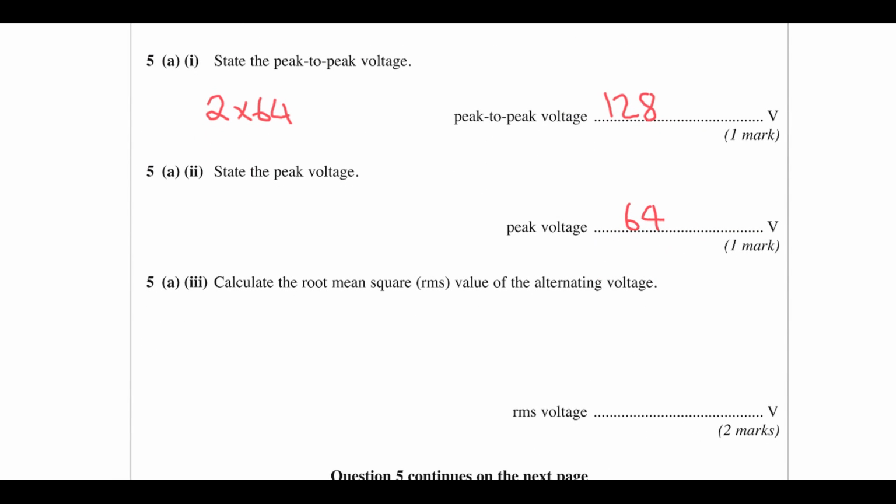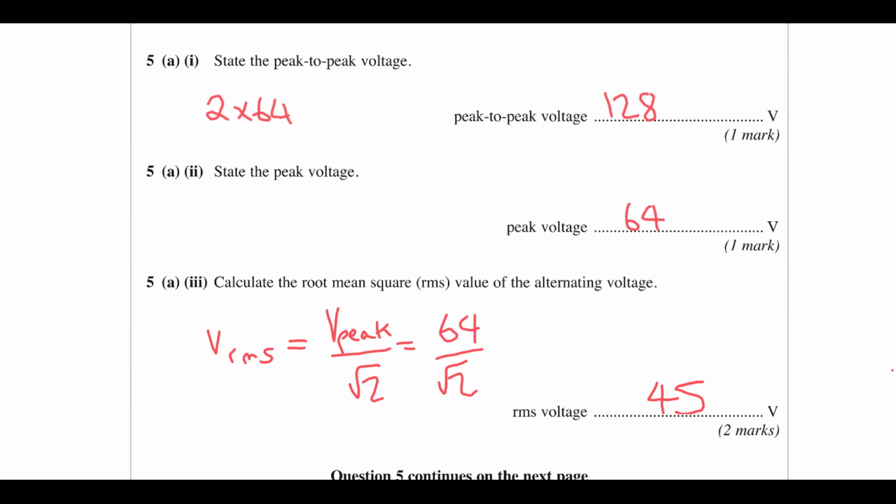Root mean square. To get root mean square, you just divide the peak by root 2, which is 64 over root 2. So 64 divided by root 2, 45 volts. There is your RMS.